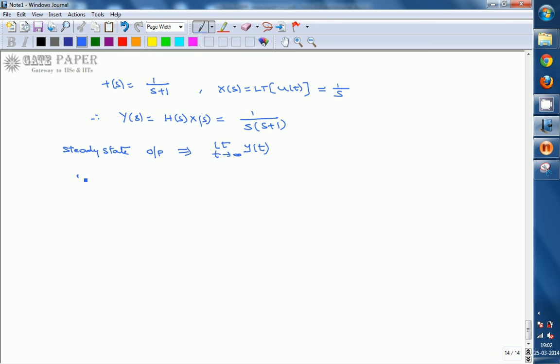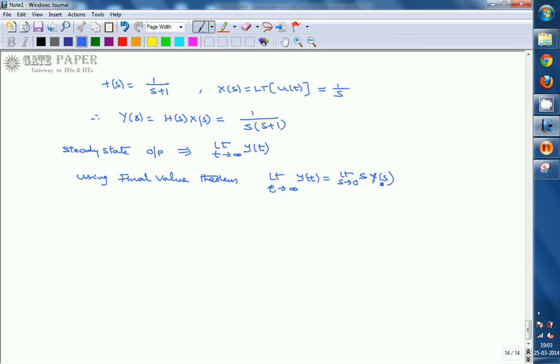So using the final value theorem, we have limit t tends to infinity y of t equals limit s tends to 0 of s into y of s.